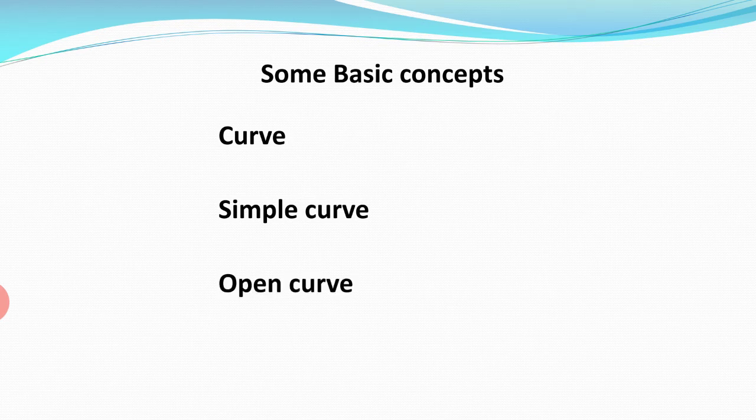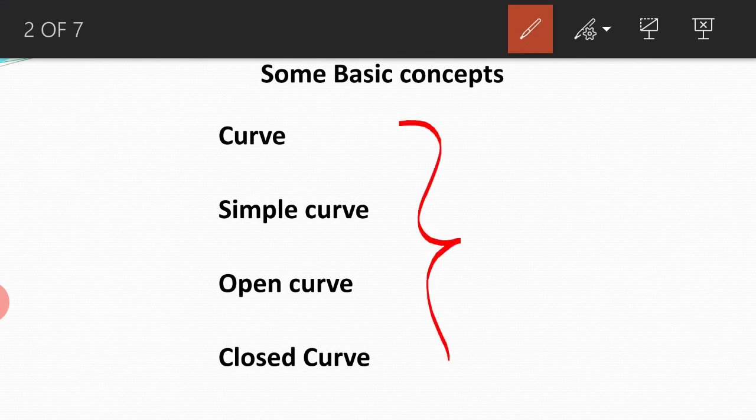Simple curves can be open curve or closed curve. Is it okay? So these terms which we have discussed are very important. You should know curve. Curve is anything which can be drawn on the paper by pencil. Simple curve, the boundaries are not crossing each other. The simple curve can be open curve or can be closed curve.